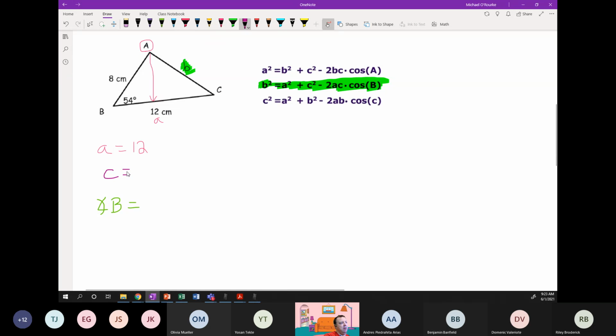And then our C is going to be across from angle C. So that is going to be 8. The angle B here, there's our B side. So our angle here for B is 54. Does that make sense to everybody right now? How I broke that down? Okay.